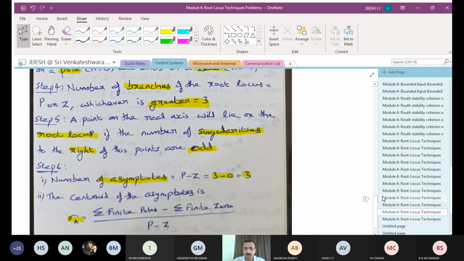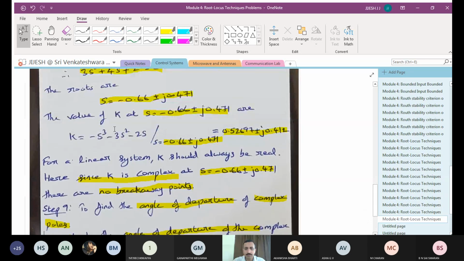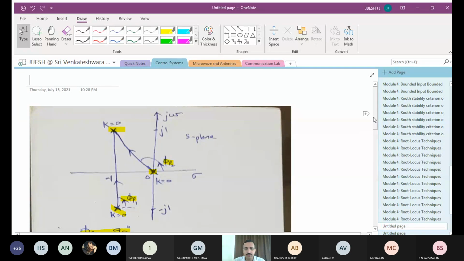Let me take you through that. We have the characteristic equation here, s cube minus 3s. So that equation you can use and substitute further and simplify it. So let us go there.